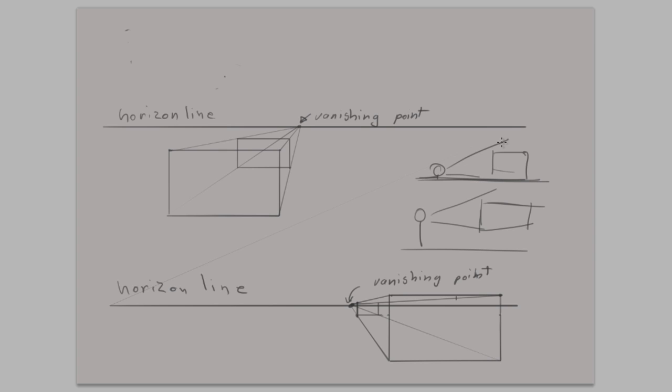This is how you view the object in this scenario. So the basic idea is, when your horizon line is on the bottom part of the drawing, you have the impression that you look at the objects from the ground.